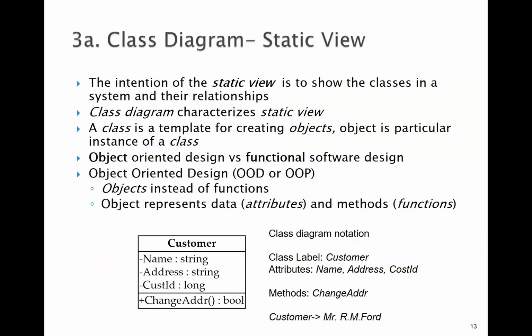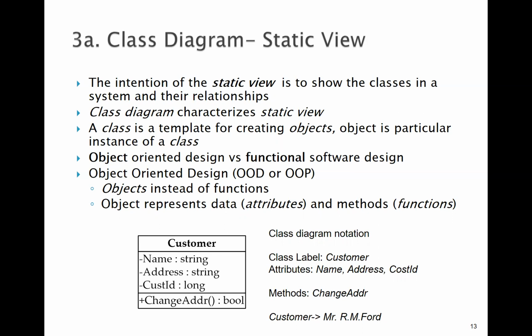Okay, the first system view is the static view, simply characterized by the class diagram. The intention of the static view is to show the classes in a system and their relationships.